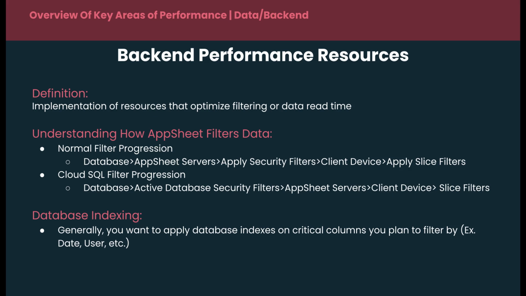So instead of pulling that 50,000, it's actually only going to pull the 500 records into AppSheet servers, and it kind of bypasses that whole step for these security filters. And then the progression is normal from AppSheet servers. It goes to the client device, and then slice filters.